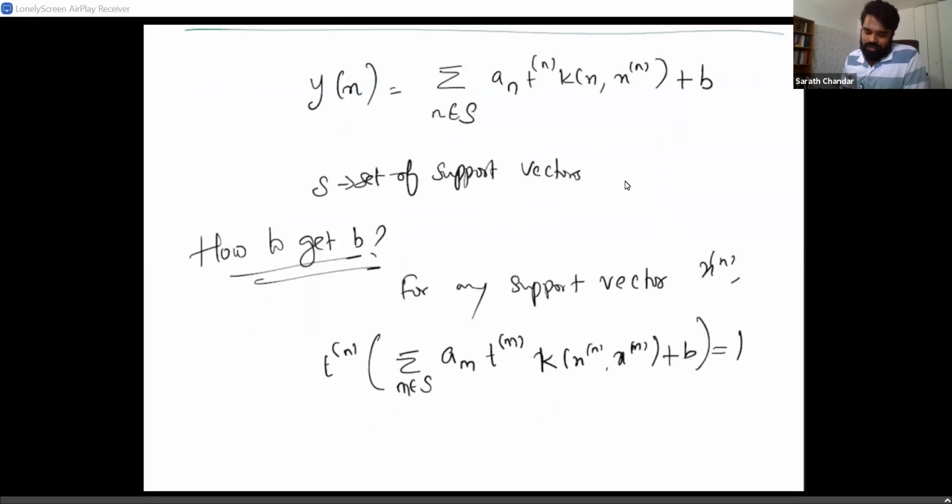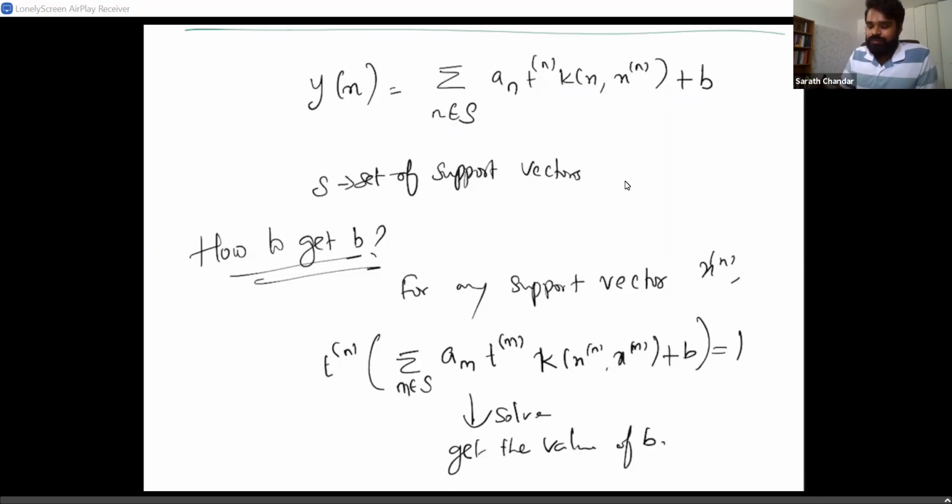Now I can just solve this equation to get the value of b. All you have to do is take one data point in the support vector set, solve the linear equation, and you get the value of b. Is that clear? Okay, so that concludes our discussion on both the primal and dual versions of the max margin classifier.